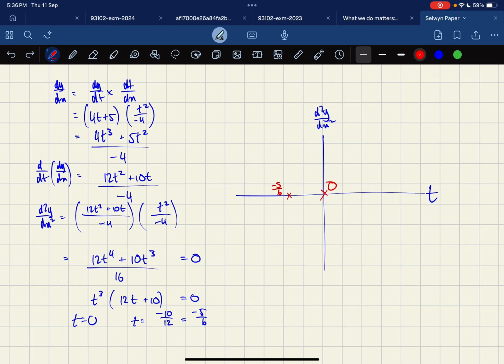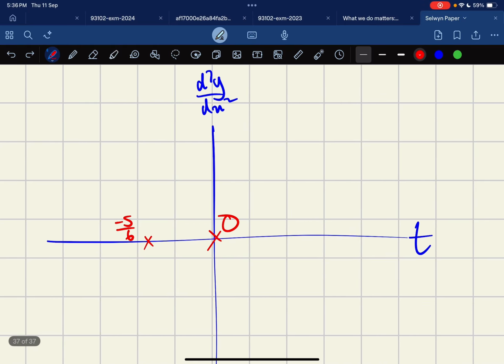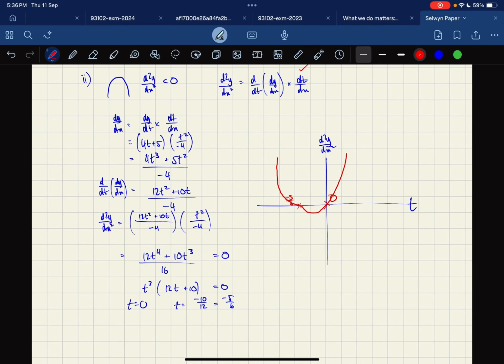So it's going to follow the general look like this with these intercepts. So if you just draw it, it might look like this. Maybe, something like that.